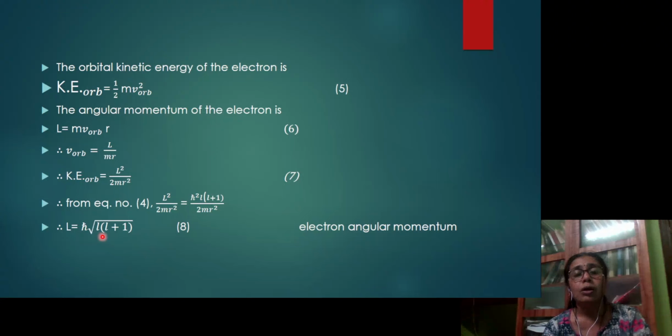We have seen in the previous lecture that L can take values 0, 1, 2, 3 up to n minus 1. So correspondingly we can find the different possible magnitudes of the orbital angular momentum. So equation number 8 proves the quantization of the magnitude of the orbital angular momentum of the electron in the hydrogen atom.